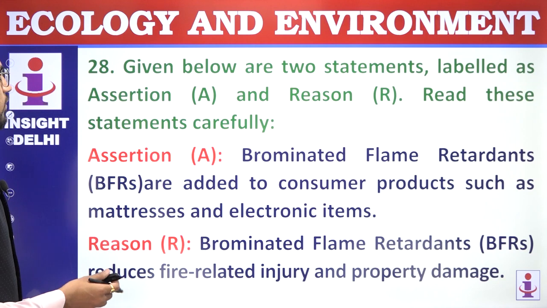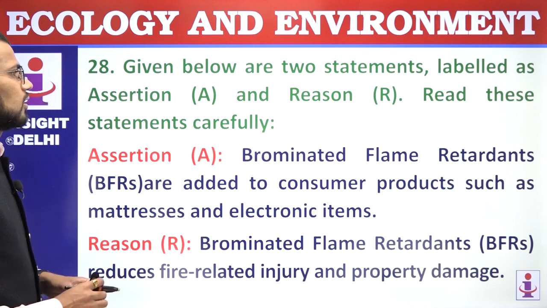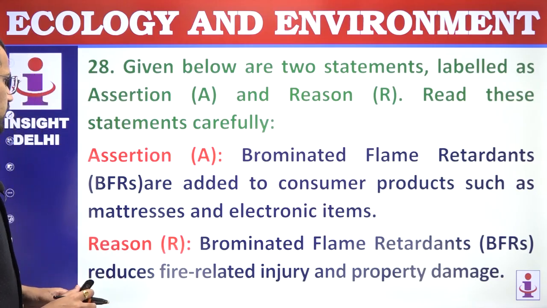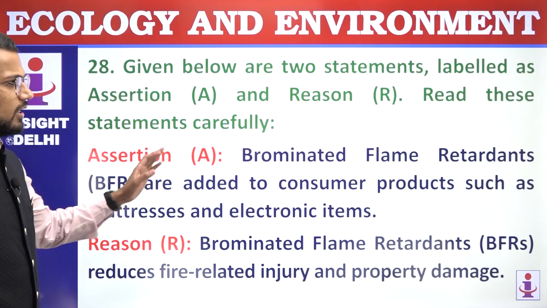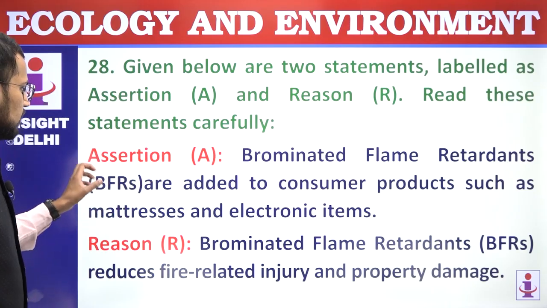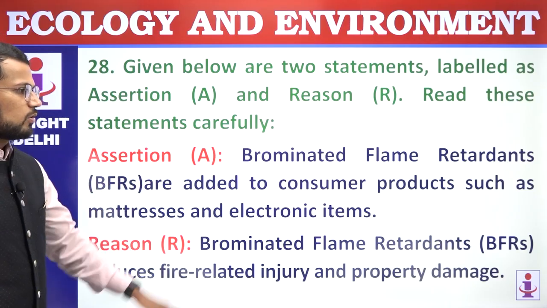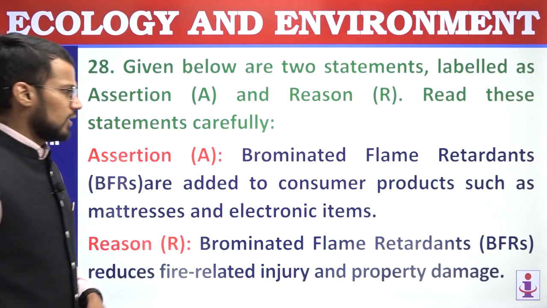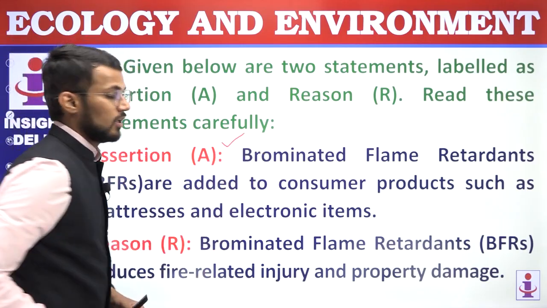28. Given below are two statements labeled assertion and reason. Read these statements carefully. Assertion. Brominated flame retardants, BFRs, are added to consumer products such as mattresses and electronic items, right? So this statement is a correct statement.